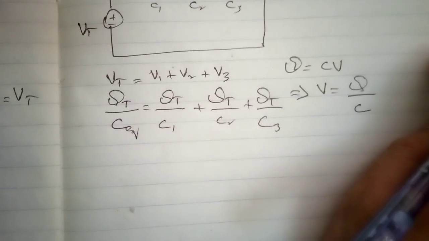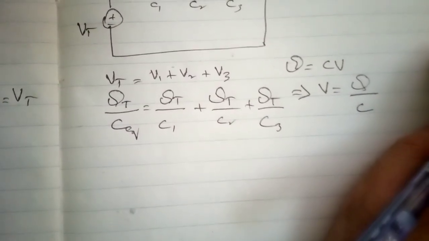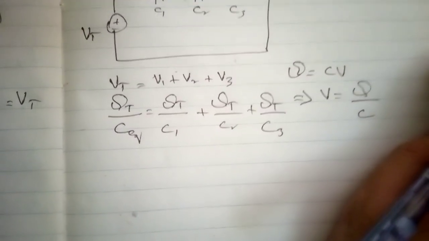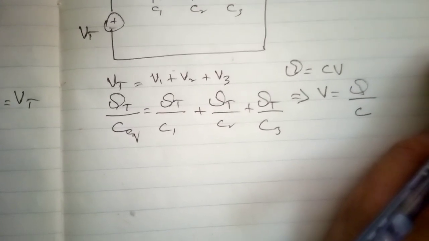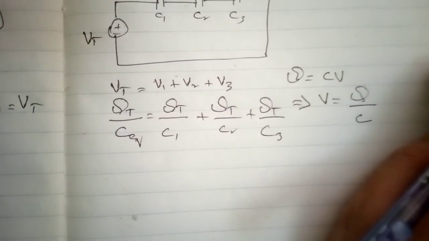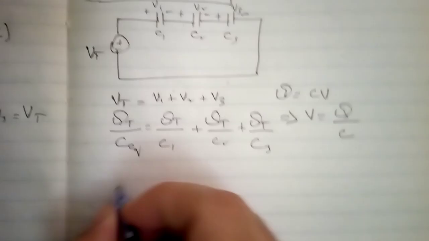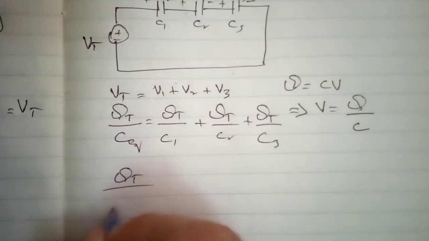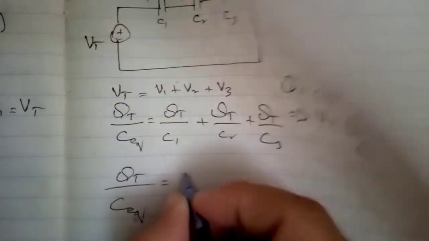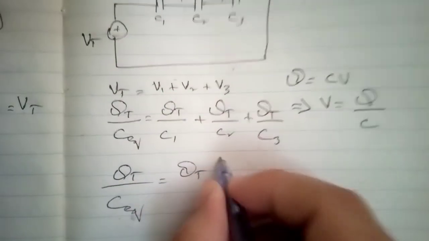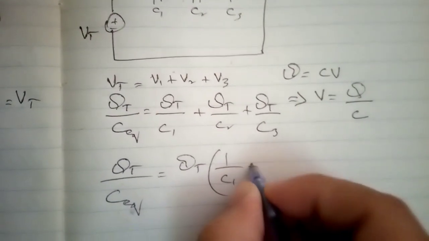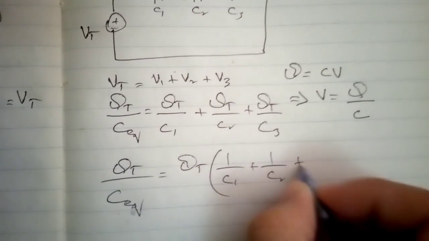Why is charge same for C1, C2 and C3? Because current is same. Same current is flowing through C1, C2 and C3. That's why charge is also same for C1, C2 and C3. Now take Qt as common. It will be like this: 1 upon C1 plus 1 upon C2 plus 1 upon C3.